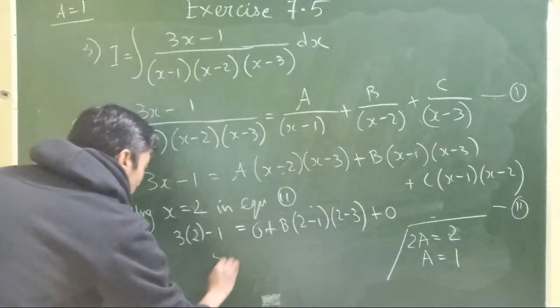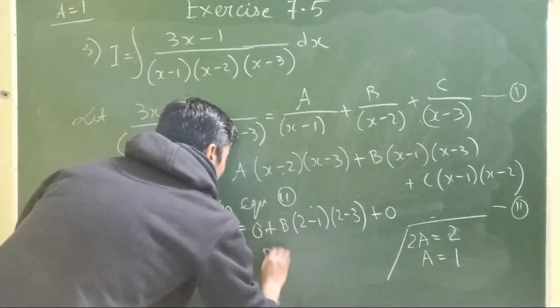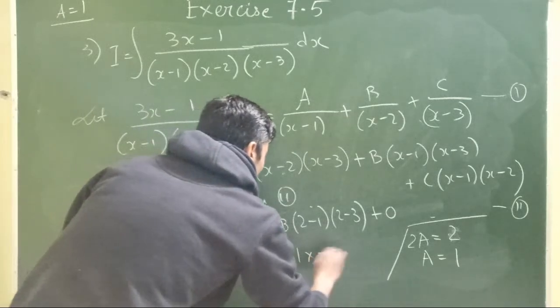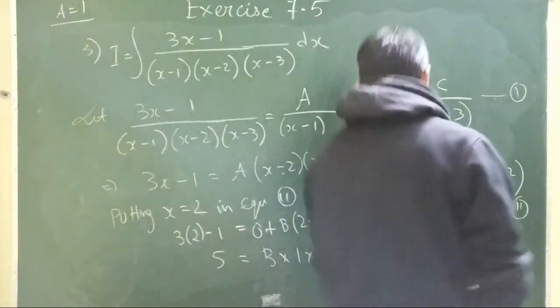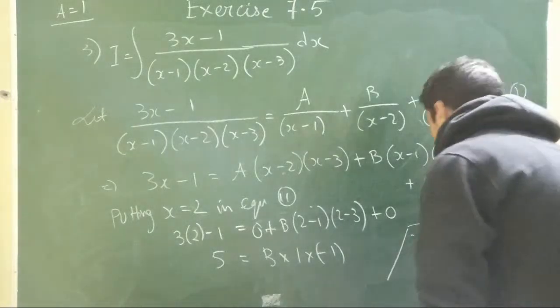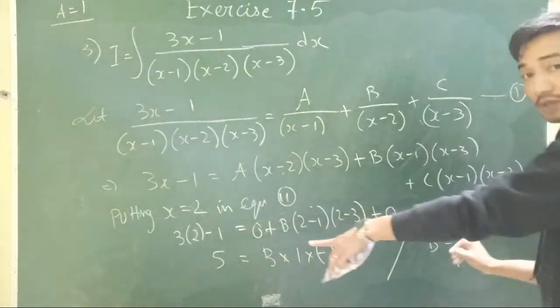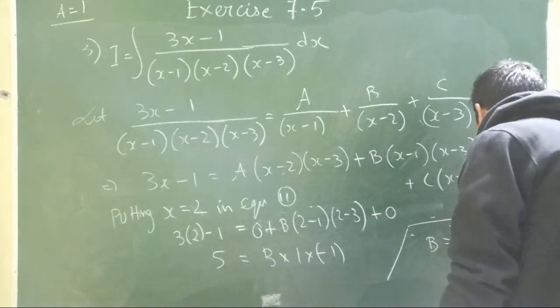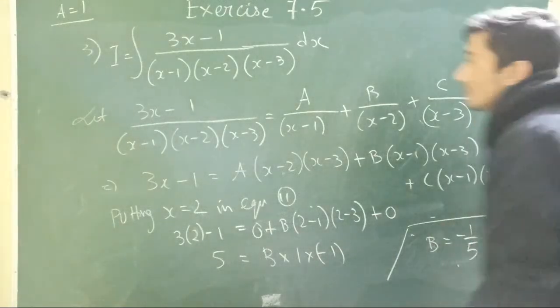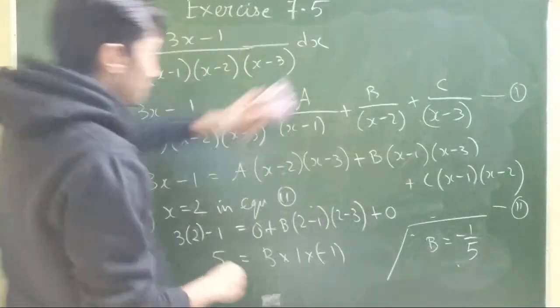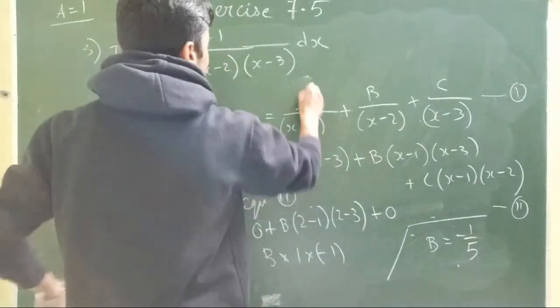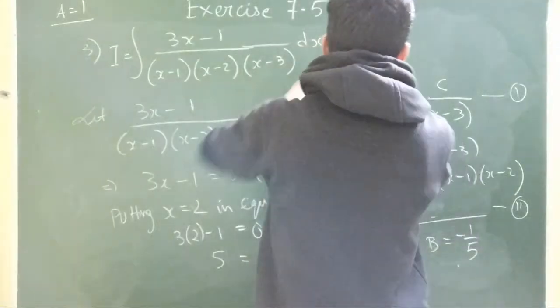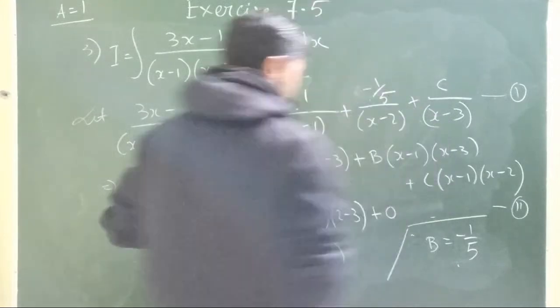So 3 2s are 6 minus 1, 5. B into 1 into minus 1. So then directly the value of B will be minus 1 into 5, so that will be minus 1 by 5. So A equal to 1, B value I get minus 1 by 5.